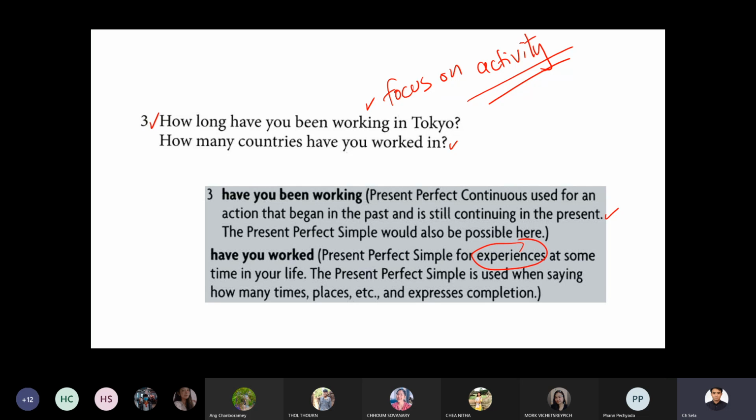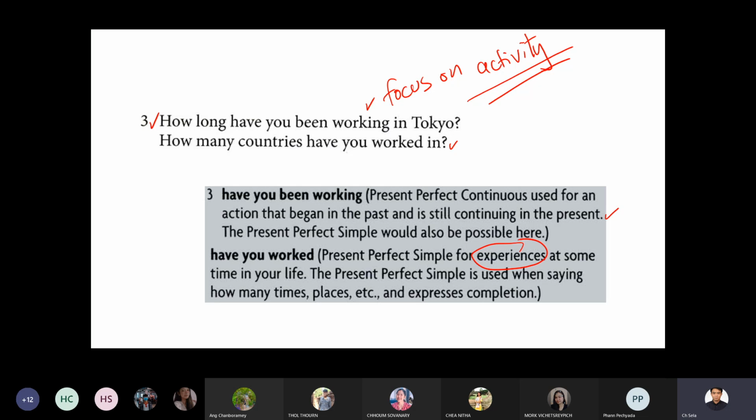So the keyword is experiences. The present perfect simple is used when saying how many times, like places, to express completion. This one is already completed, but it focuses on your experiences.